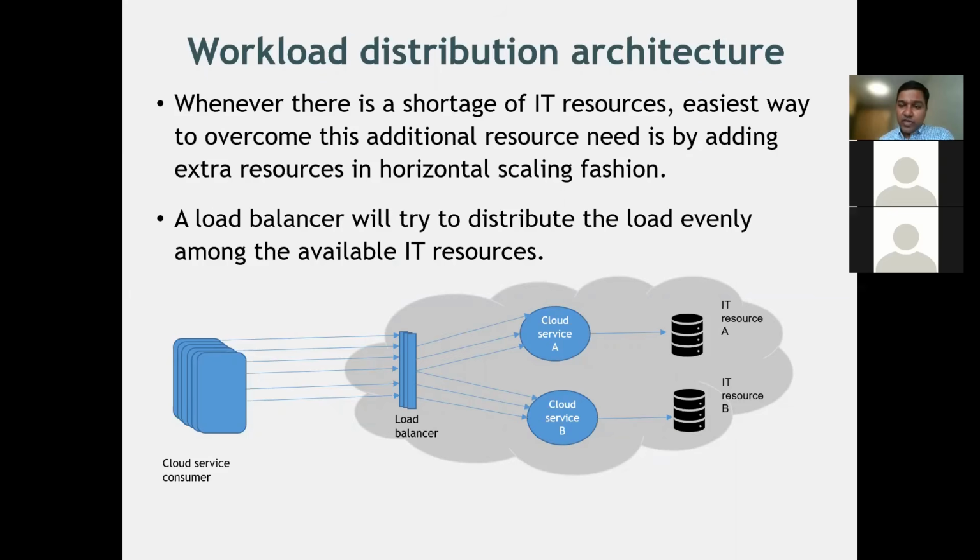A load balancer can have different rules, but let's say we have many cloud service consumers trying to access the cloud. The first interface is a load balancer, and its task is to distribute whatever load is coming evenly to the different IT resources.